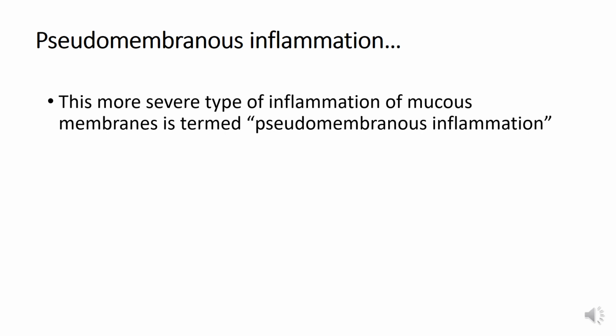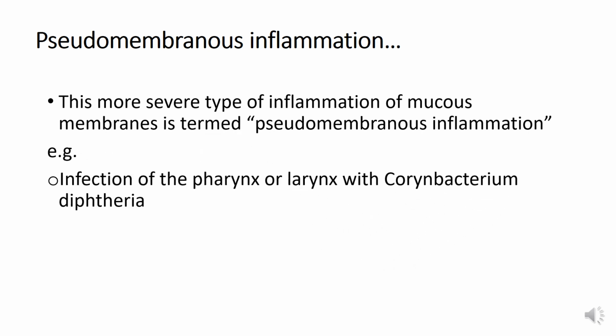This kind of severe inflammation of the mucous membranes, with formation of the pseudomembrane, is referred to as pseudomembranous inflammation. Very good examples are infection of the upper airway, that is the pharynx and the larynx, with an organism known as Corynebacterium diphtheriae.